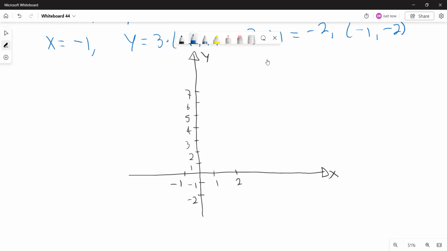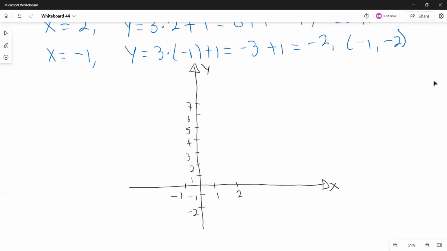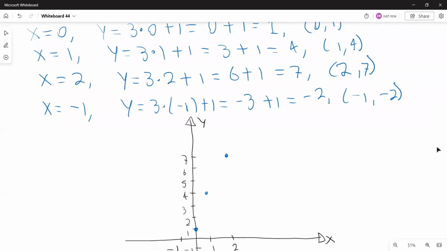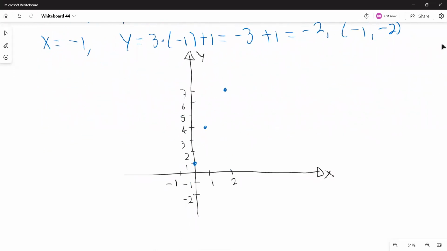So if we plot the points, we got what? We got the points 0, 1. We got 1, 4. We got 2, 7. And we got -1, -2.